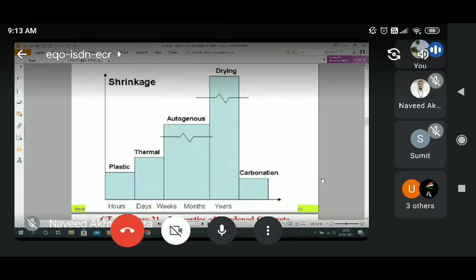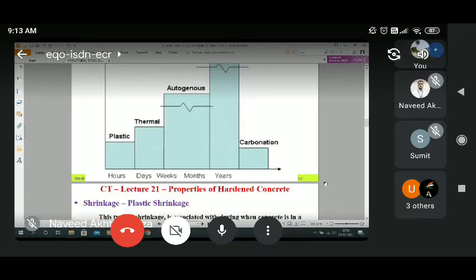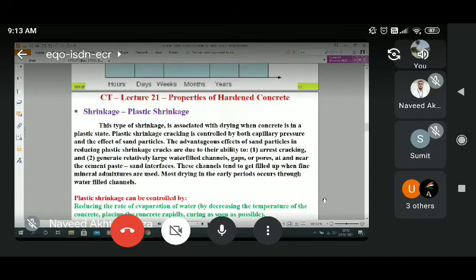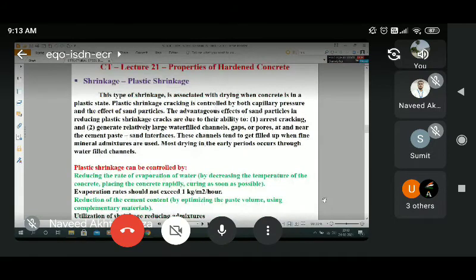Plastic shrinkage: this type of shrinkage is associated with drying when the concrete is in a plastic stage. It is controlled by both capillary pressure and the effect of sand particles.